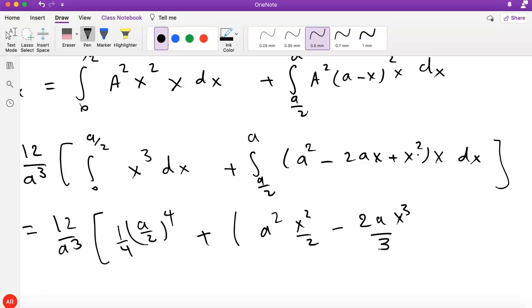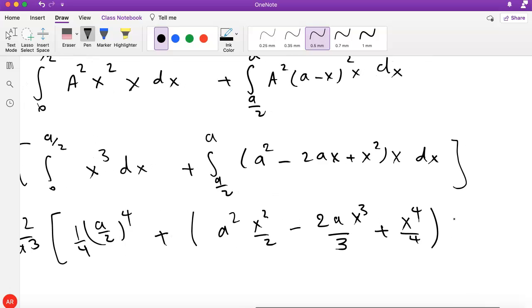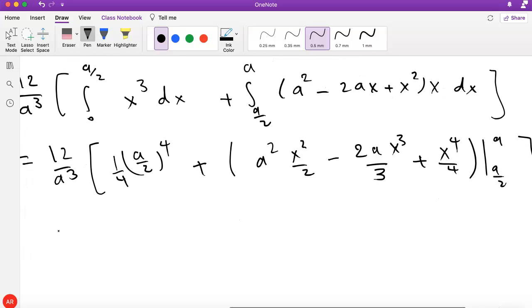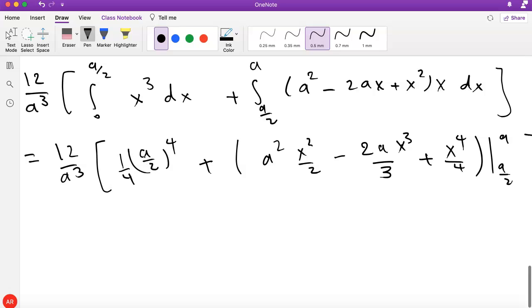And then we have plus the integral of x cubed, which is plus x to the 4th over 4. And this runs from a over 2 to a. Here this ran from 0 to a over 2, so I didn't bother writing the 0. So 2 to the 4th is 16, 64.